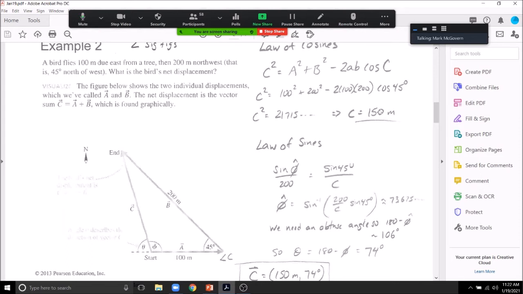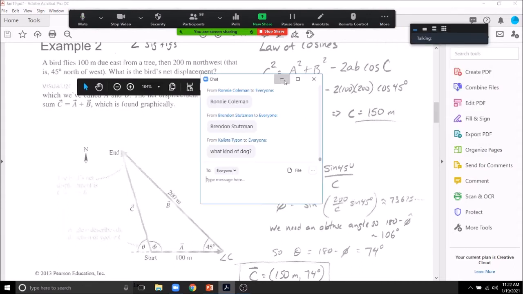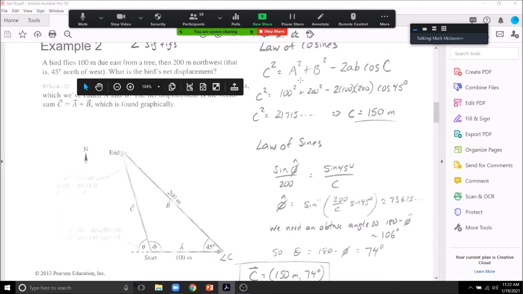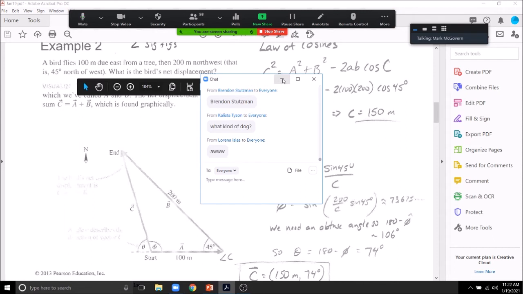What do you want, doggy? I'm trying to teach. You can't hang out here. I'm sorry. All right. Dog wants to learn physics, but I won't allow it. Okay. Geez, really whimpering over there. C is 150 meters. It's a new dog. We just got it yesterday. It's some kind of husky mix thing. Belgian Malinois. Sounds like a drink. But I'll take a Belgian Malinois. On the rocks, whatever that means.